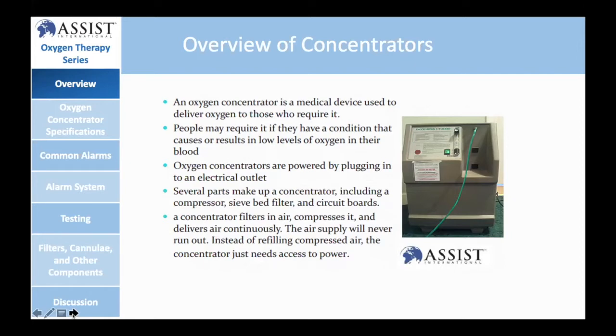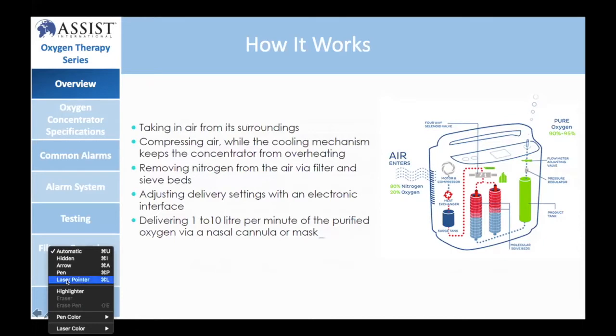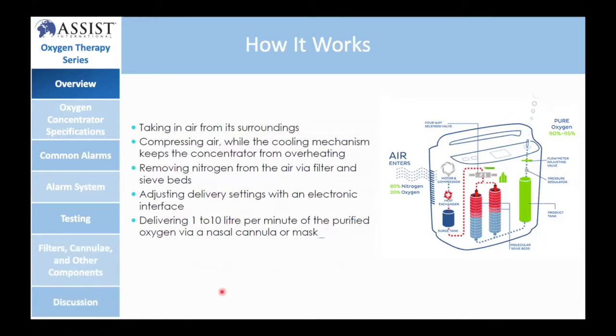So I'll move to the working principle. How does an oxygen concentrator work? In general, it takes in ambient air, which is around 78% nitrogen and 21% oxygen, through a filter, since it has to filter dust and other particles.